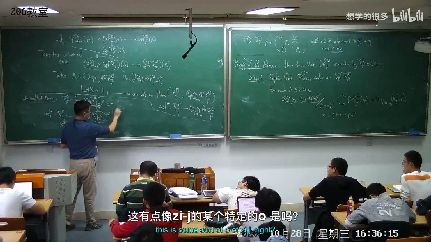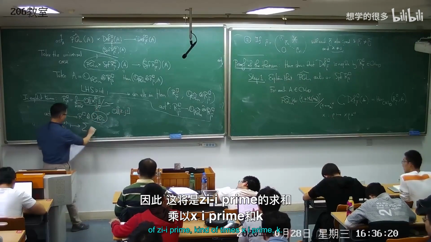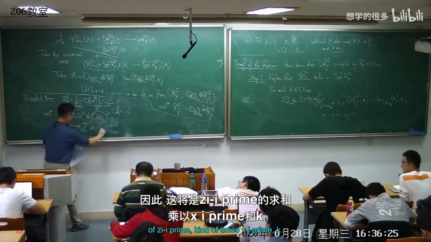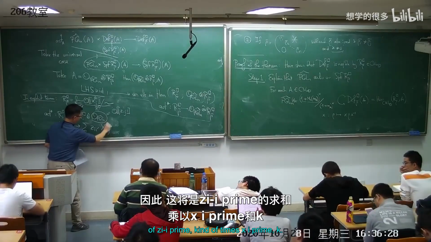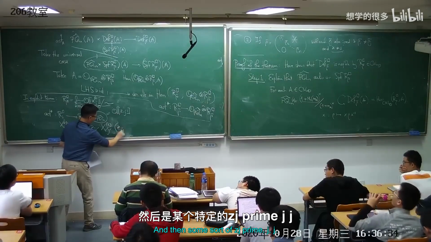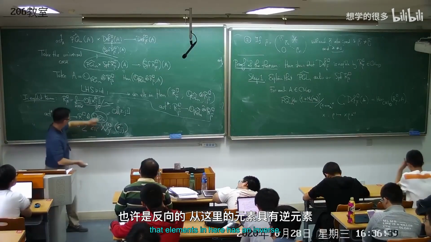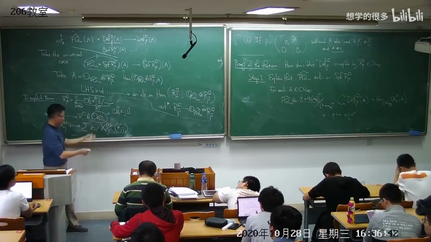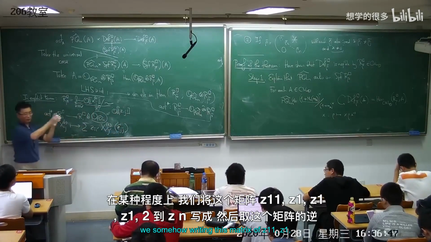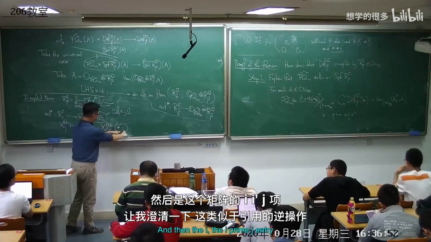This looks like O of z_ij, right? So this will be a summation of z_i'i times x_i'j'k, and then z_j'j inverse, in the sense that elements in here have an inverse. We write the matrix of z_11, z_12, to z_nn, take the inverse of that matrix, and then the i'j entry of that.